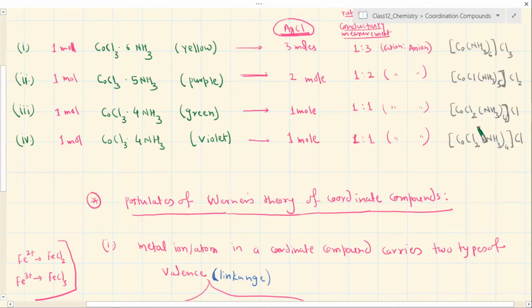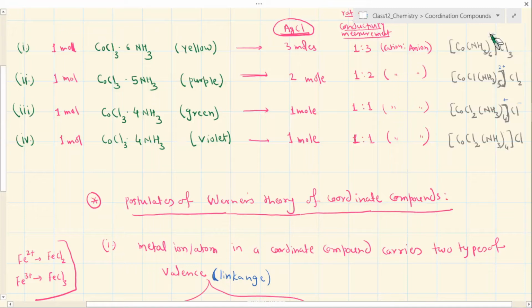So whatever is represented inside this bracket will not be ionized when you put this substance in aqueous solution. Okay, what will be ionized? You will have 1 charge plus here and Cl minus. This will be ionized. In this case you will have 2 plus charge and 2 Cl minus ionized. Okay, like this. In this case you will have 3 plus charge on this one big cation and 3 Cl minus ions ionized.